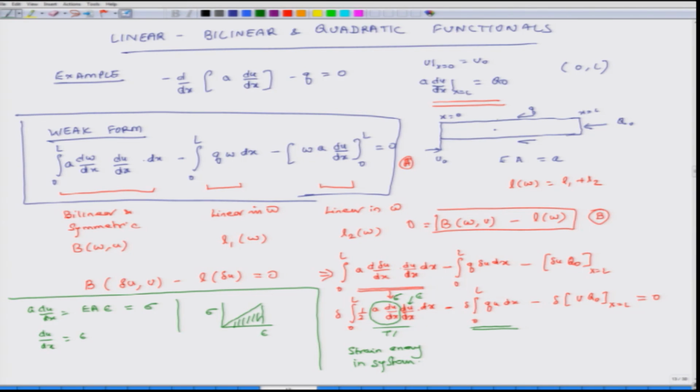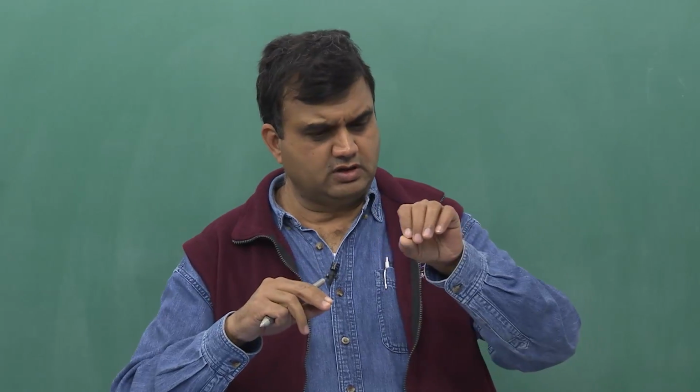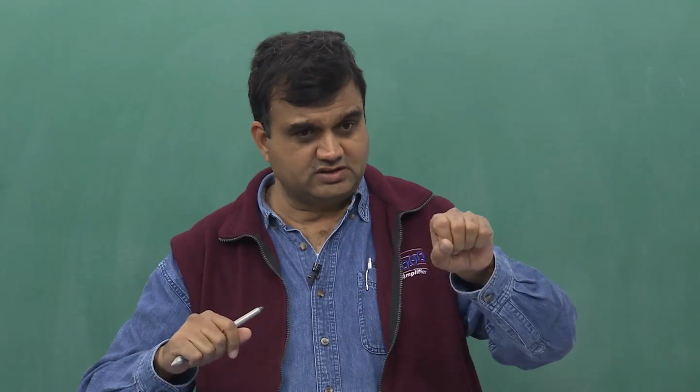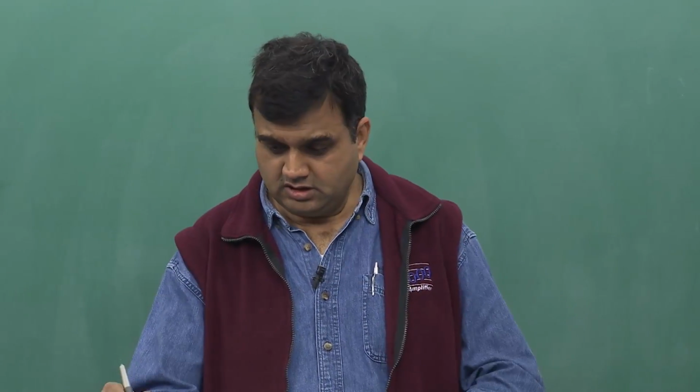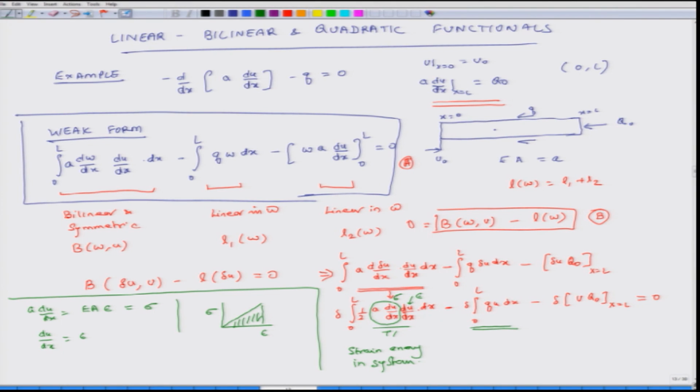Suppose the bar is in a collet and I am pulling it, if there is some friction or some traction, this thing will also do some work. Suppose Q is that tractional force and the displacement at this location is, let us say, U, then this is the work done by traction. Right?